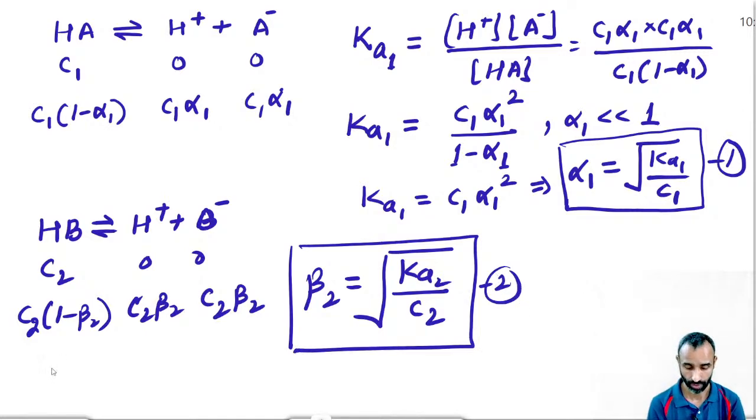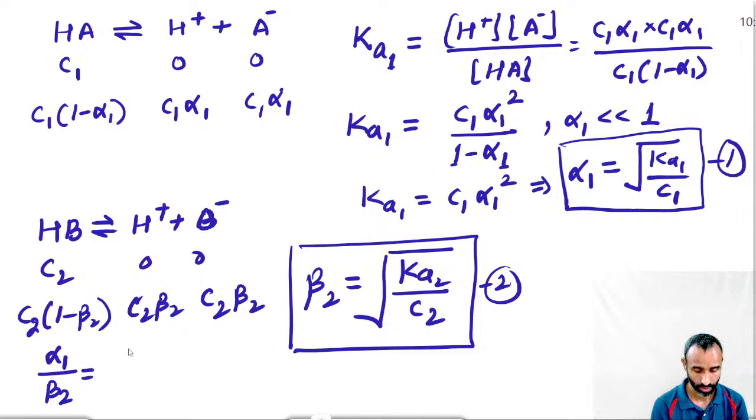So from these two, from 1 and 2, alpha 1 by beta 2 is equal to square root of Ka1 by C1 into C2 by Ka2.